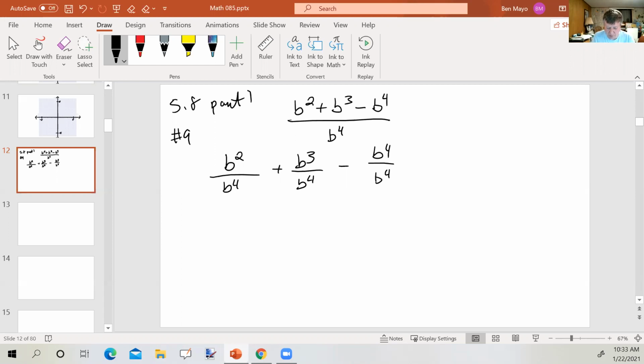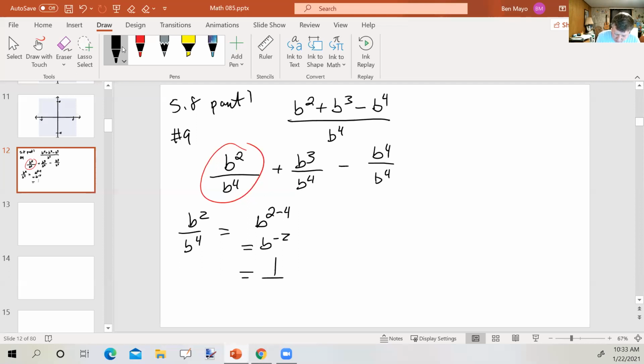Recall, if you have a base to a negative power in the numerator and you move it down to the other side of the fraction bar down below, it changes the sign of the exponent to a positive exponent. All right, so let's take this first term, b to the second divided by b to the fourth, dividing two powers with the same base. You take the base with the top exponent minus the bottom exponent, which becomes b to the -2 power, which we could rewrite as 1 over b squared.